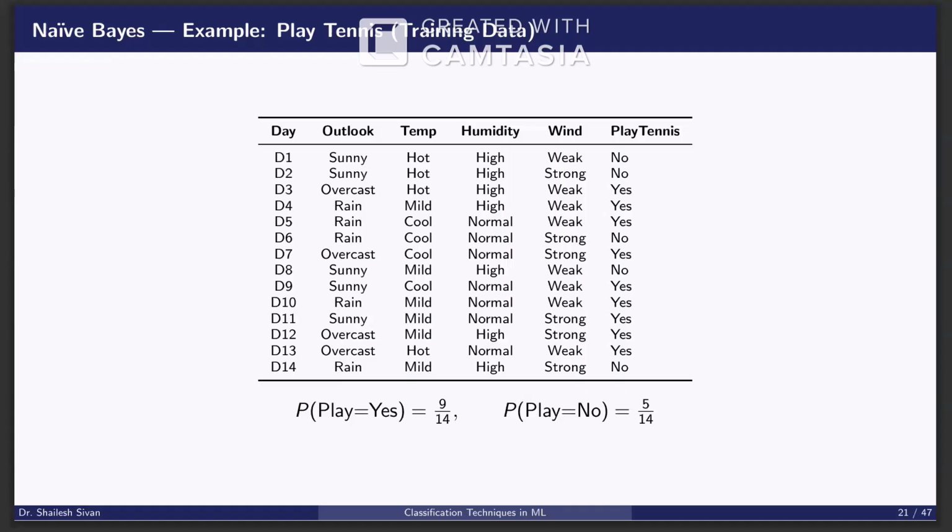Yes, that is the solution. So instead of taking the probability table, we fit this data into a normal distribution, and that normal distribution equation is used for calculating the conditional probabilities. Is that clear?